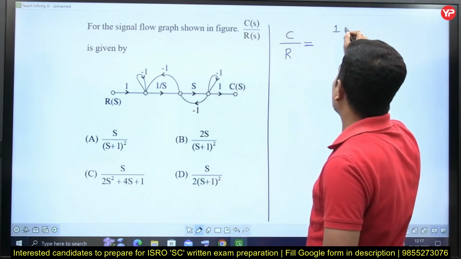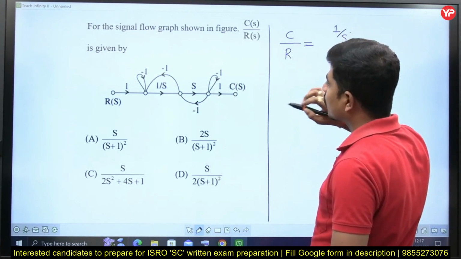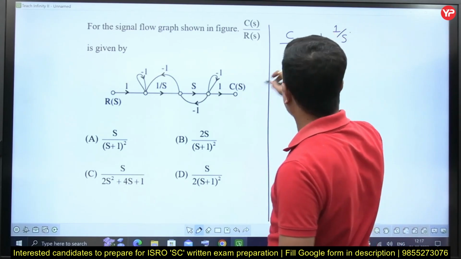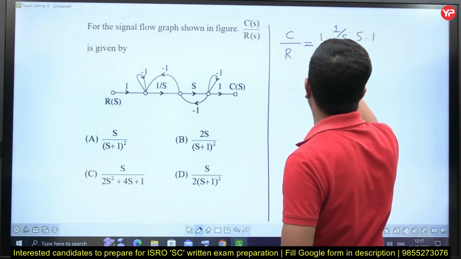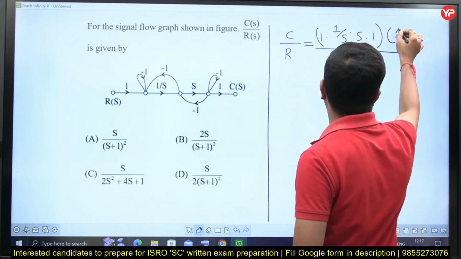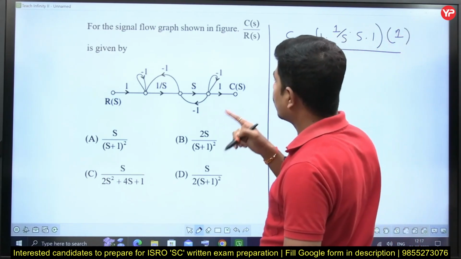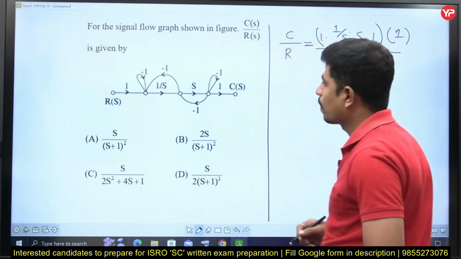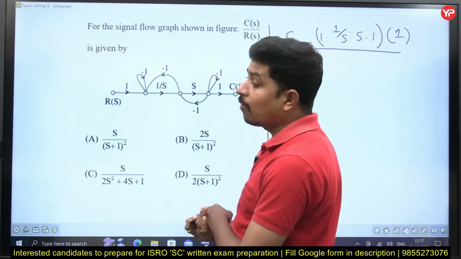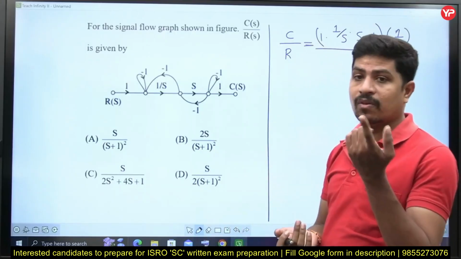That is 1 by S into 1 into 1 by S into 1 into delta 1. Delta 1 will be 1 only because there are 4 loops: first loop, second loop, third loop, fourth loop, all touching the only forward path.